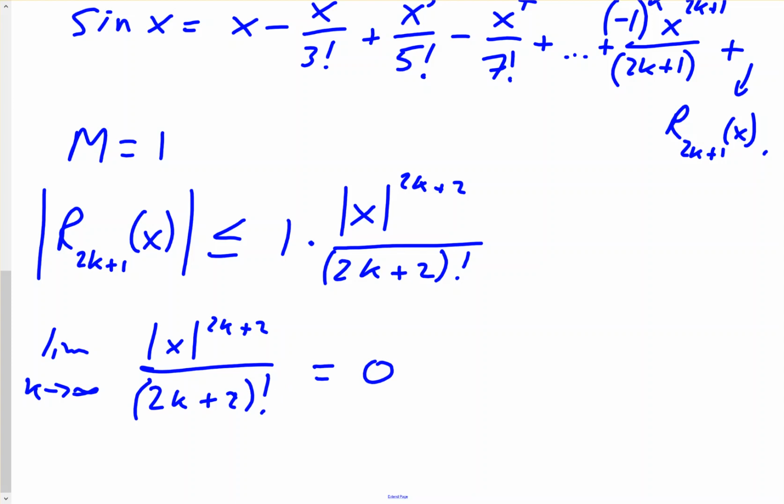So this tells us that the remainder function of x approaches 0, and the Taylor series, or in this case Maclaurin series, because we're centered at x equals 0, for sine x converges to sine x for every x.